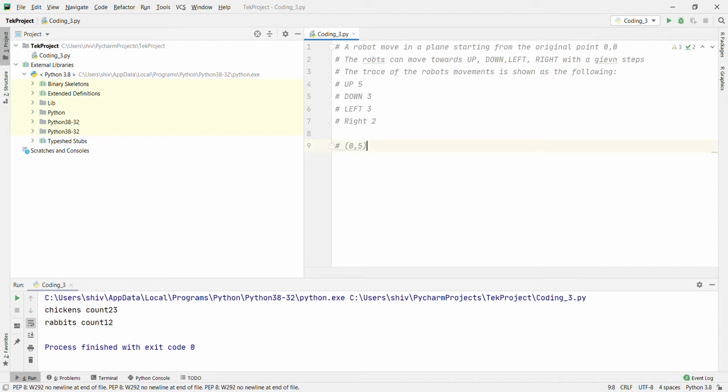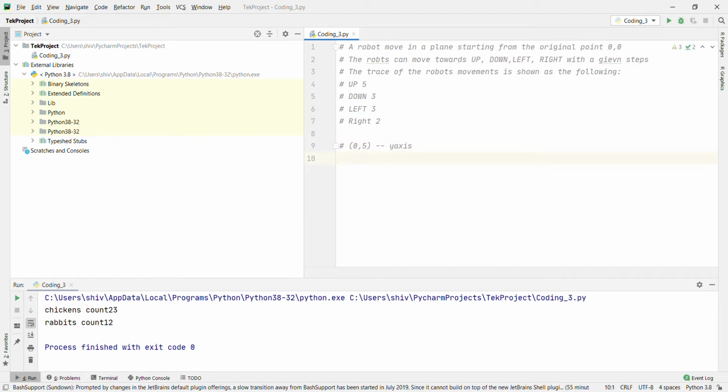Now if it goes down, that means it moves 3 steps down. Now what's the position of the robot? 0, 5 minus 3, so the position of the robot is 0, 2. This is also the y axis.